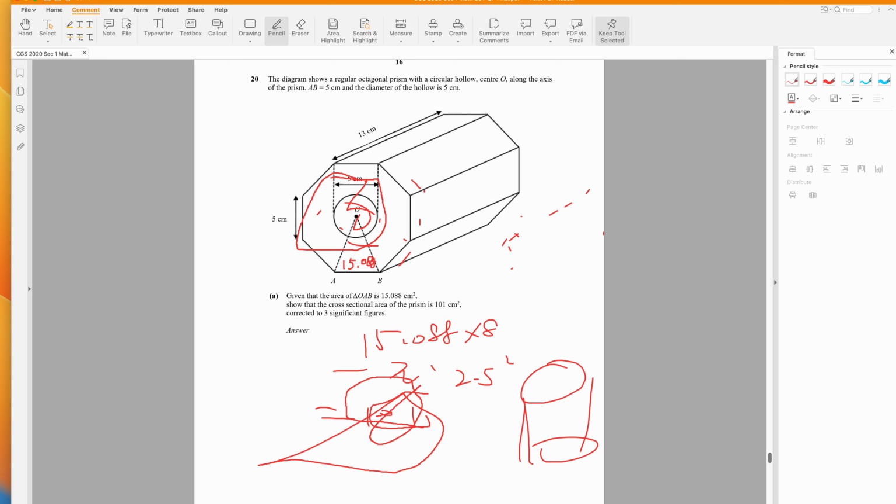You tell me what's the volume first. I don't care about the answer. How do you get the volume? So it's 101 times 13. Actually, you shouldn't take 101, because once again you round off. So that's why there is a good practice. I hope from now on you start to adopt this practice.